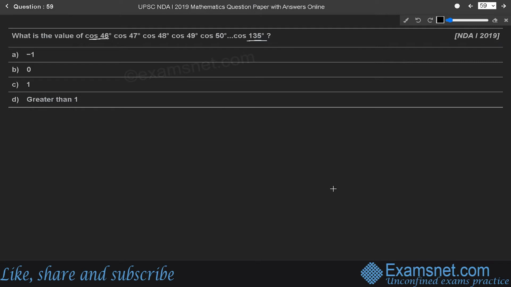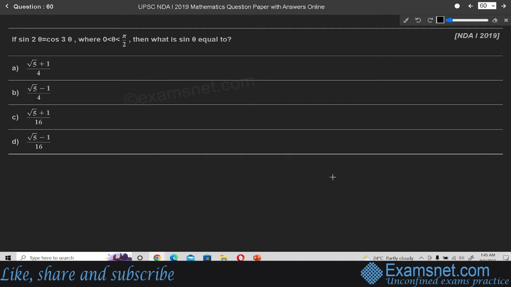So somewhere in the middle there will be cos 90, and we know that the value of cos 90 is 0. Therefore, the value of the whole product will be 0. So 0 is the correct option for this particular question.